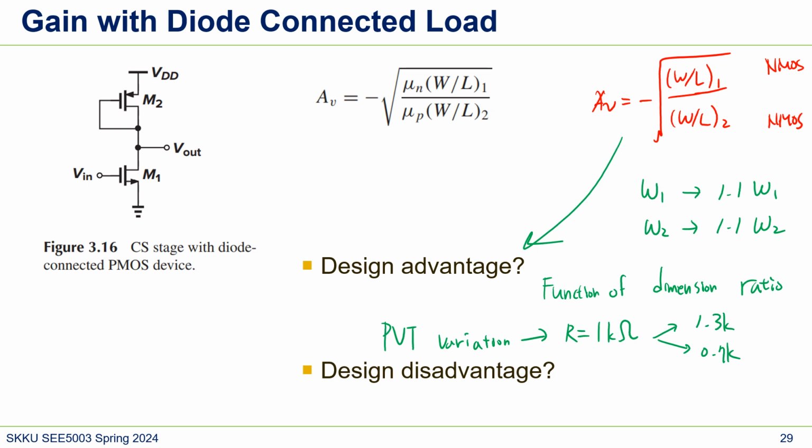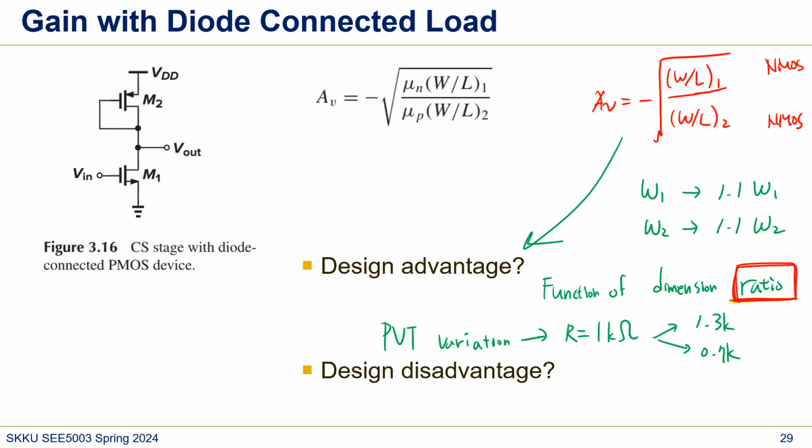I mean, 10% is not a realistic number, it's not that bad. But anyway, the point here is that a ratio is always a good way to design a circuit. For example, we also use resistance ratio or capacitance ratio.